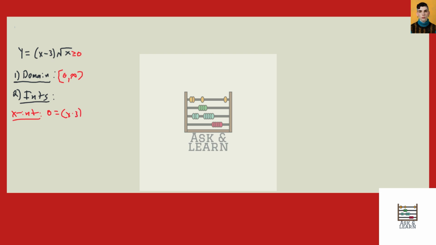So x minus 3 is equal to the square root of x. That tells us either 0 is equal to x minus 3, or 0 is equal to the square root of x. So x is equal to 3, x is equal to 0, and both of these are within our domain.